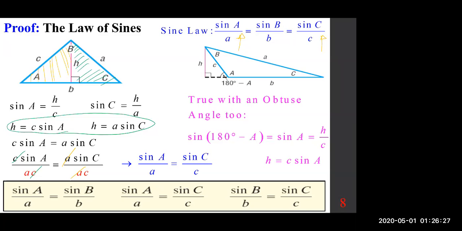So H is A C sine A, just like before. In other words, this one. Let's see what happens next. Here's an example, everybody.